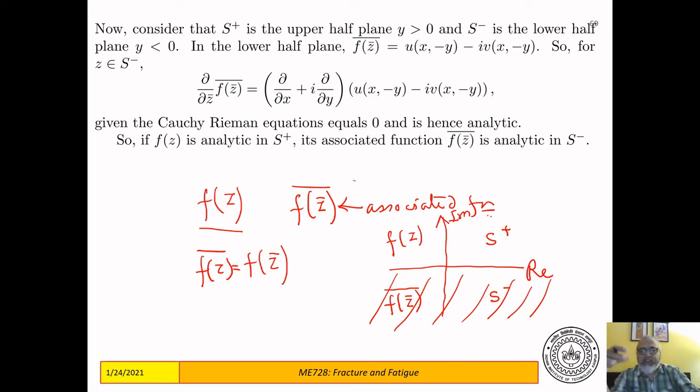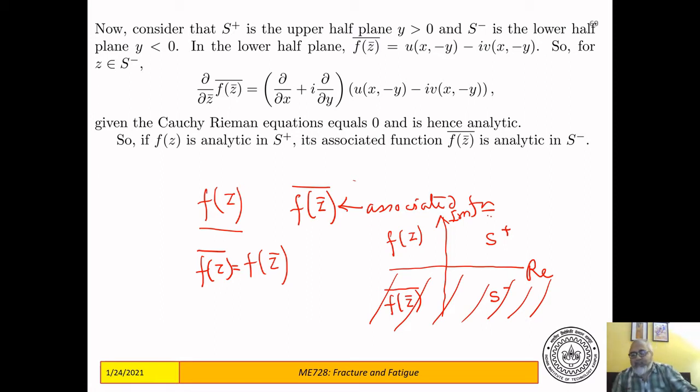So this is what an associated function is good for. Given an f(z) which is analytic in the upper half plane, you can define an associated function, which is automatically analytic in the lower half plane. So if f(z) is analytic in a region of the upper half plane, then the associated function is analytic in the mirrored region in the lower half plane.